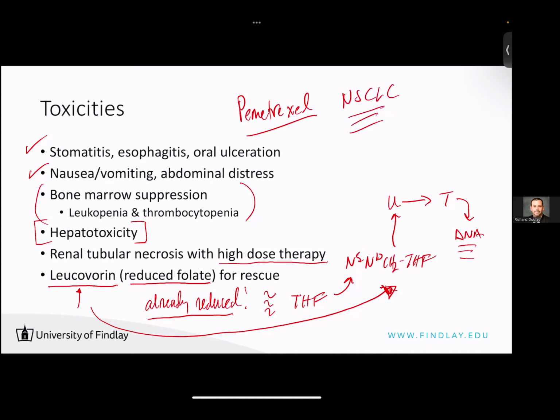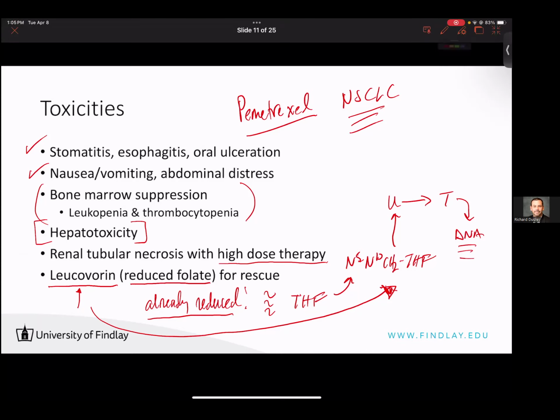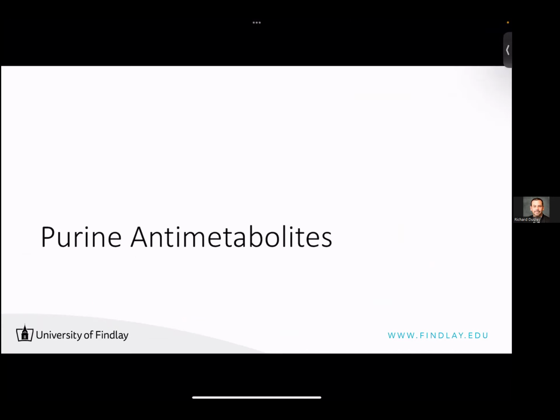Okay? So we'll talk more about that later this semester. But just be aware that pemetrexed has a similar mechanism of action to methotrexate. Right? When we meet back, we will go ahead and talk about the next set of chemotherapies, and those are going to be the purine-derived antimetabolites. I'll talk to you in a minute.